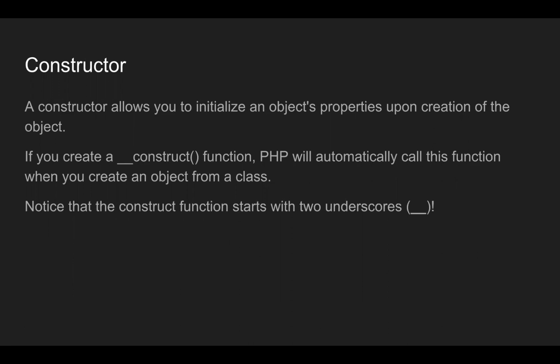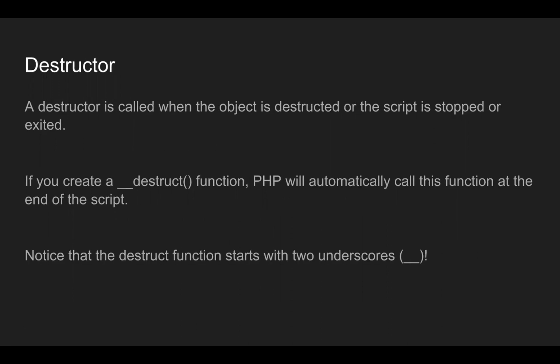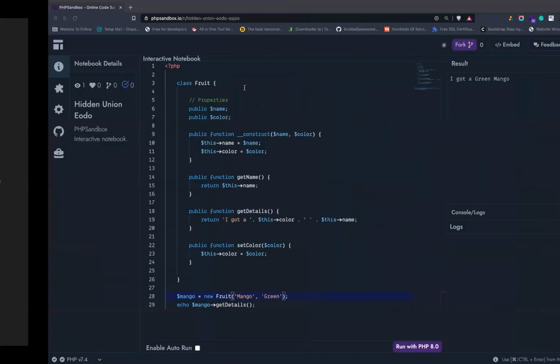So, like you suspected, if you have a constructor, you must also have a destructor. A destructor is just the inverse of the constructor. It is called when the object is destroyed or the script is stopped, and it's called with a double underscore. Let's see an example.